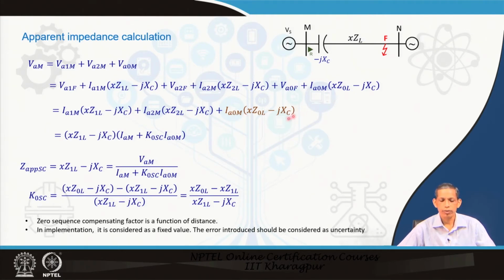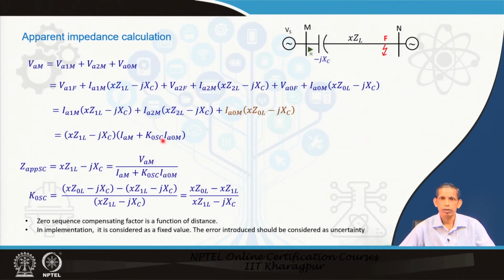We will add and subtract the component I0M x (Z1L minus jXC) to get the combination like this: x (Z1L minus jXC) times IAM, where IAM is IA1M plus IA2M plus I0M, plus K0 I0, the zero sequence compensating factor and the corresponding zero sequence current.